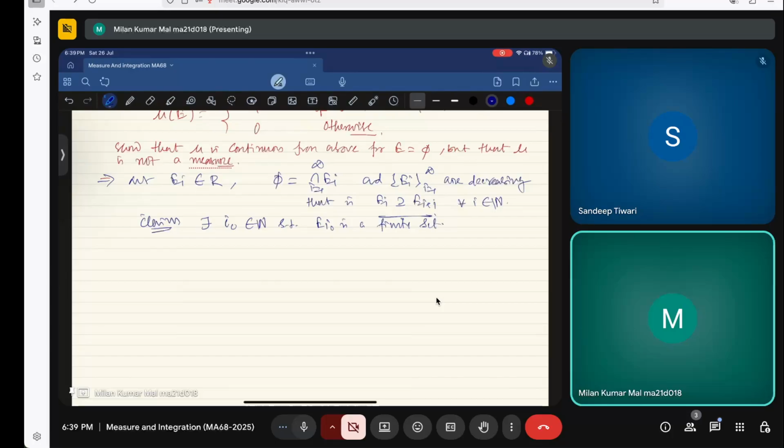If not, one can create a sequence E_i for which the intersection of E_i, i equals 1 to infinity, is non-empty.